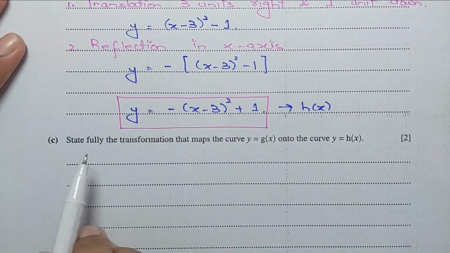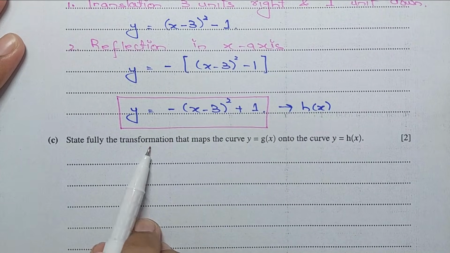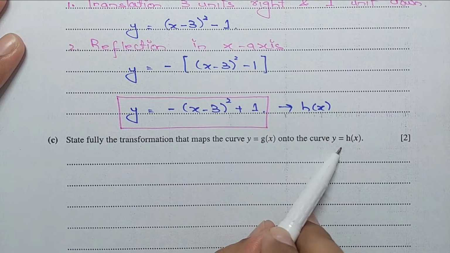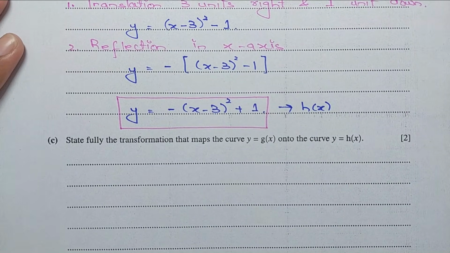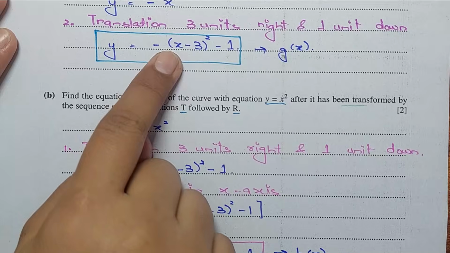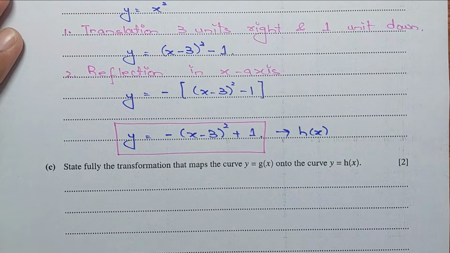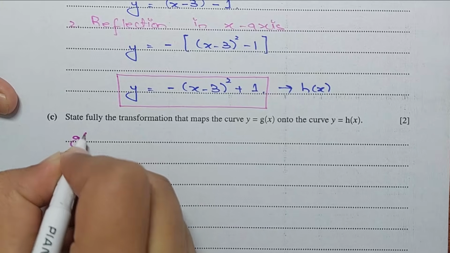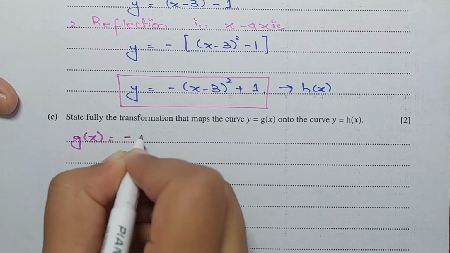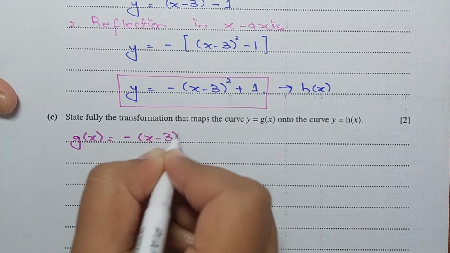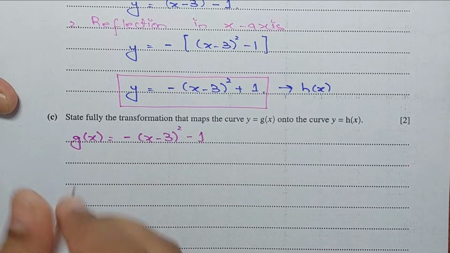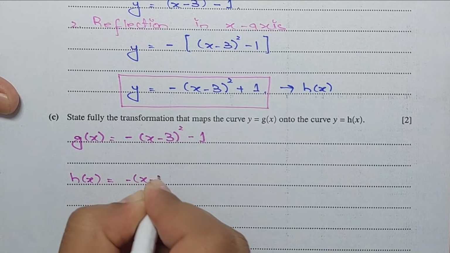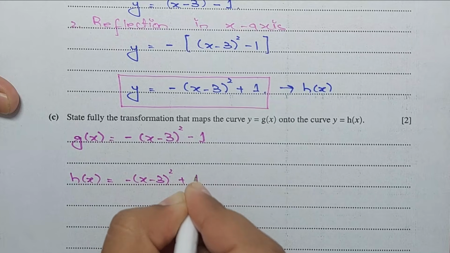Now for part C, state fully the transformation that maps the curve y equals g of x onto the curve y equals h of x. Okay, so here we have g of x and here we have h of x. Let me write down both curves. So g of x is minus (x minus 3) whole squared minus 1, and h of x is minus (x minus 3) whole squared plus 1.